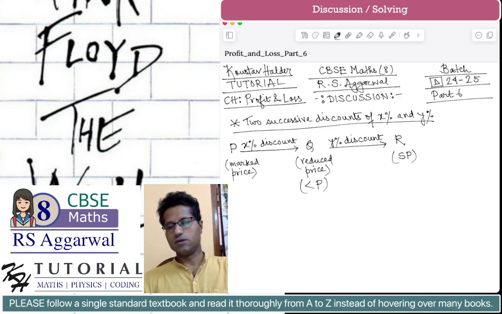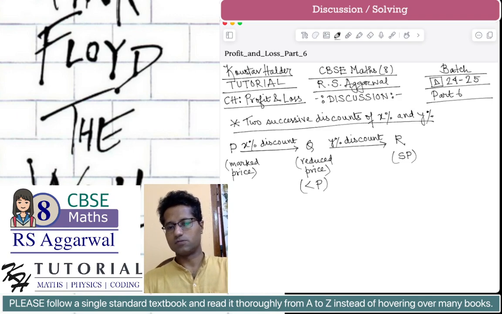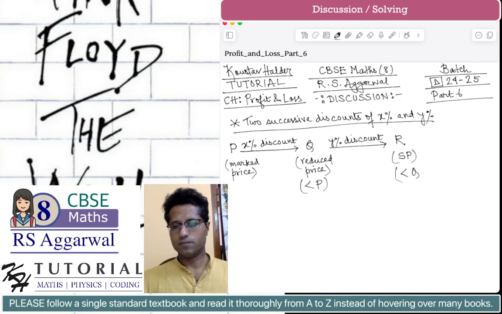Now on this reduced price the next discount will be applied, that is, Y% discount will be applied on the reduced price Q, not P. So this is the key concept. After applying Y% discount on Q, the final reduced price will be R. Definitely R is less than Q, and this final price R is the selling price of the article of the dealer or the shopkeeper.